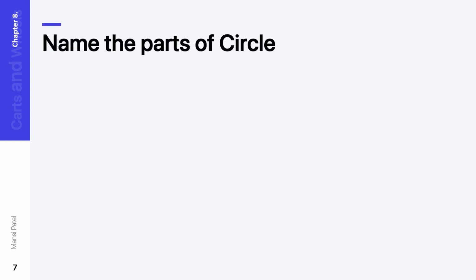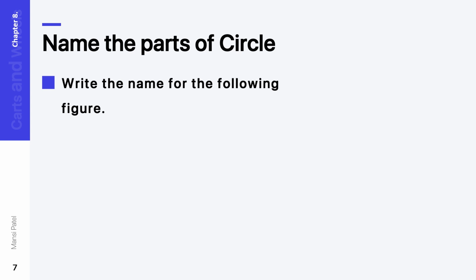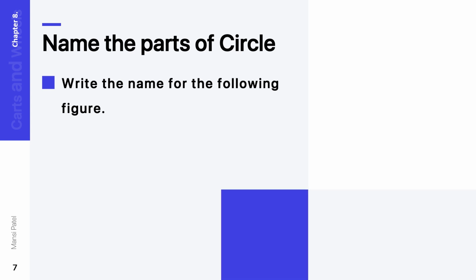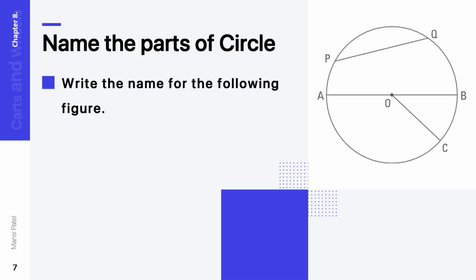Now see here, you have to write down the names of the parts of a circle. I am giving you one figure, and in that you have to write down the names.